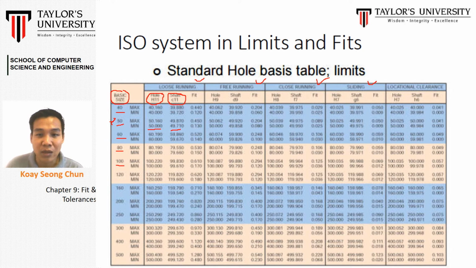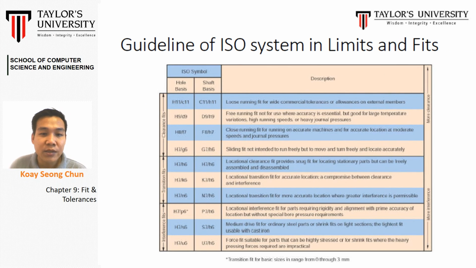So this is what I mean by the ISO system. You can refer to the tables to look for the limit of the size. Here is an example of the tables where you can refer to what type of fit you need, and it will suggest what kind of standard you can follow.